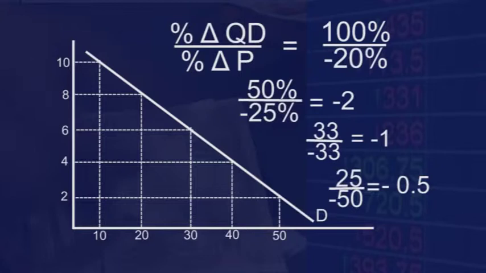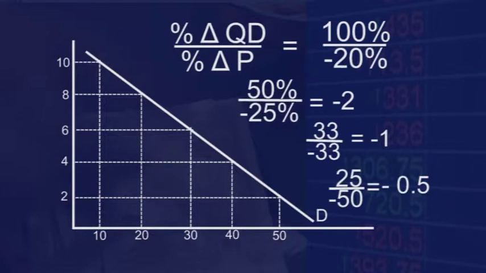It's only a 25% cut in price. So what's the elasticity of demand? 50 over minus 25 is minus 2. That is to say, for every 1% fall in price on average, there's a 2% increase in quantity demanded. So it's fairly sensitive to change in price, but not so sensitive as it was at higher prices.